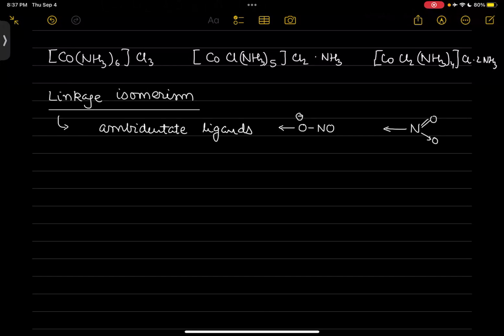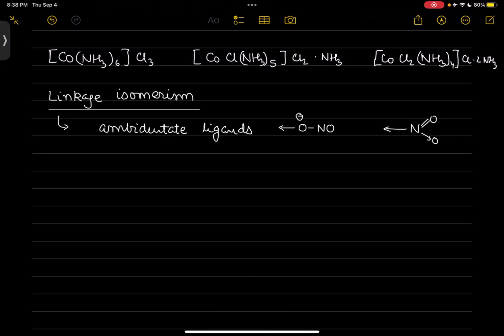Nowadays their name is represented by writing, after the name, the capital letter of the donor atom to which they are connected to the central metal atom or ion in a complex. So the ligand is same, ONO or NO2. It can bind itself to the metal ion in two different ways. Okay, is it clear? So that's what the difference is only.